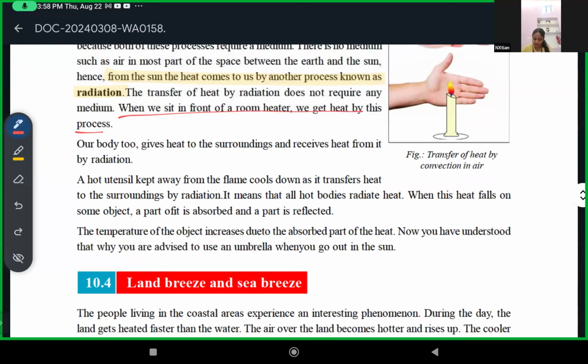When this heat falls on some object, a part of it is absorbed and a part of it is reflected. Okay. When the heat falls on some object, a part of it is absorbed here and a part of it is reflected.